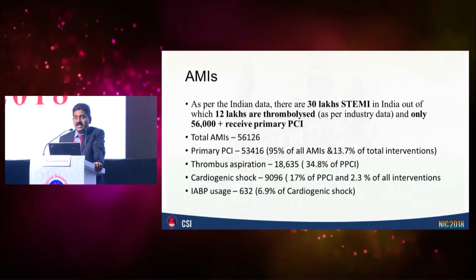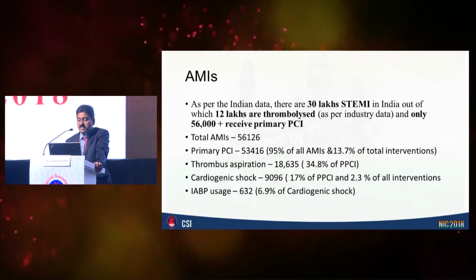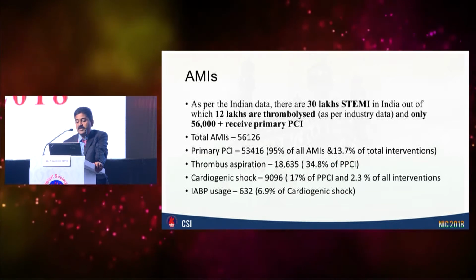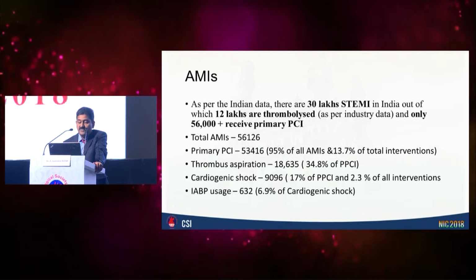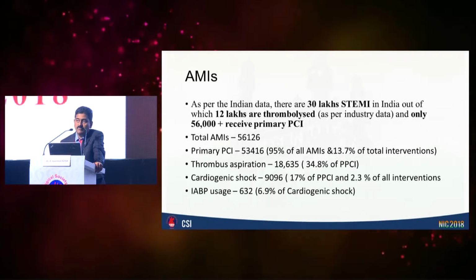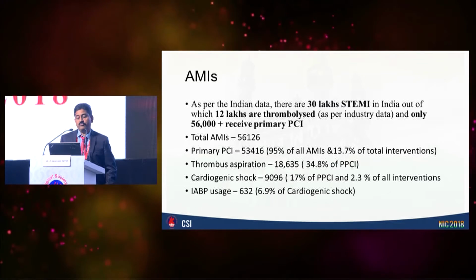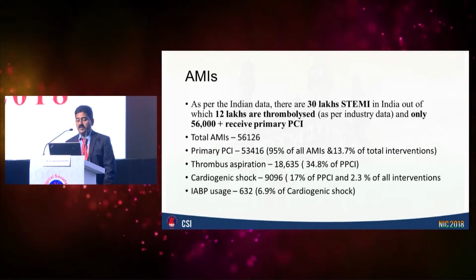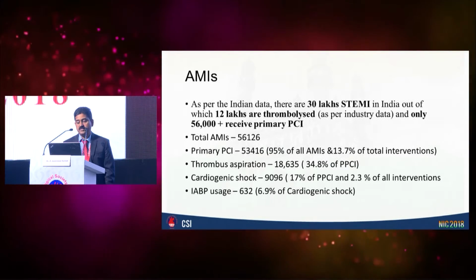The collection of data regarding acute MI is not directly part of the NIC registry, but about 30 lakh MI patients are roughly estimated in our country, out of which 12 lakhs go for thrombolysis, and about 56,000 are receiving primary PCIs. Some of them could go for rescue and other things. So what we have data on is about 56,126 primary PCI procedures, and this contributes about 13.7% of total interventions.